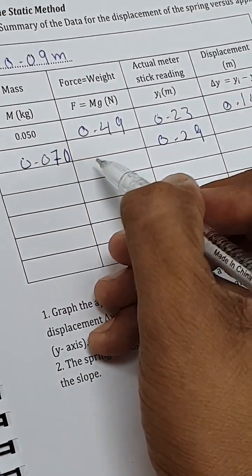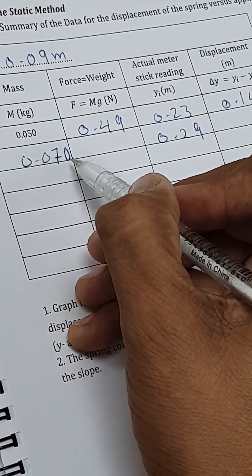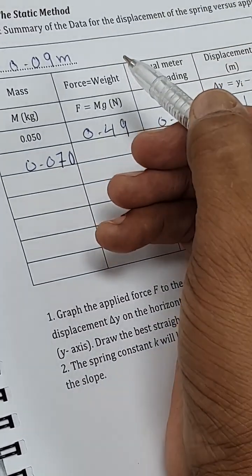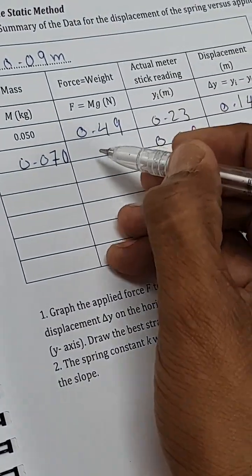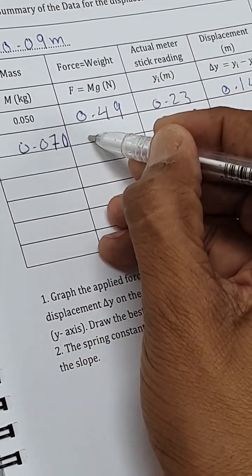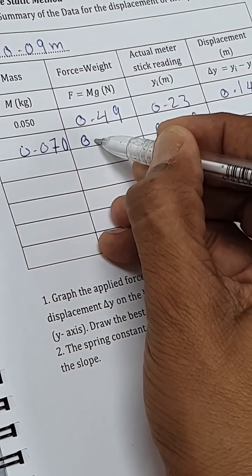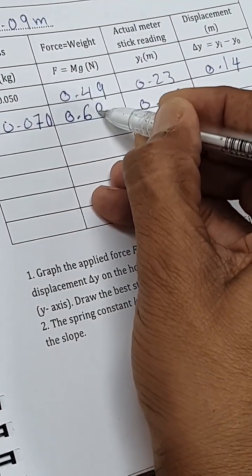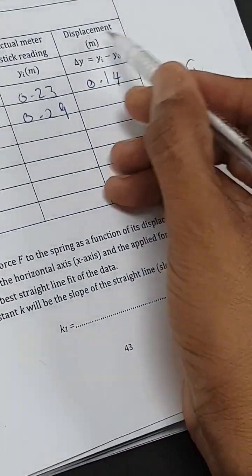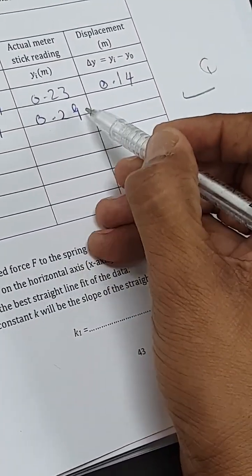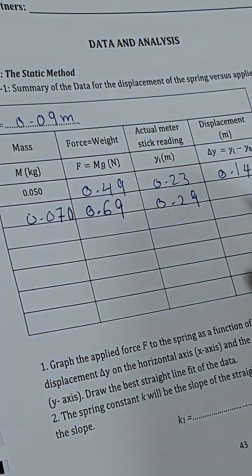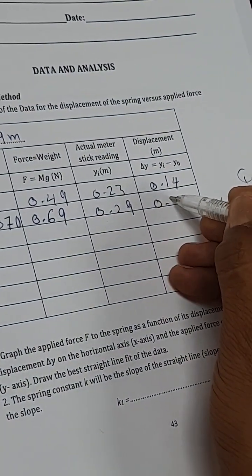The force, the weight, is equal to 0.07 multiplied by the gravitational acceleration G, 9.8, so it is approximately 0.69. The displacement is equal to 0.29 minus 0.09, so it is 0.20.